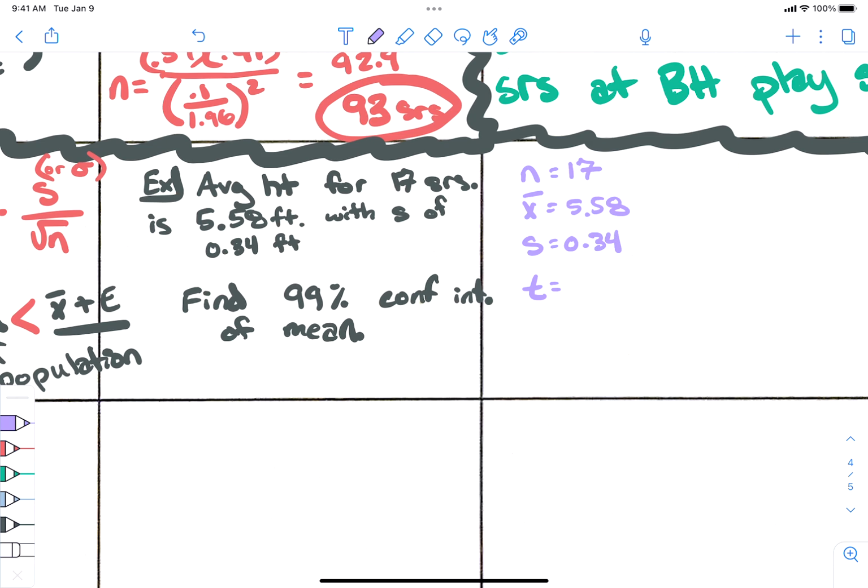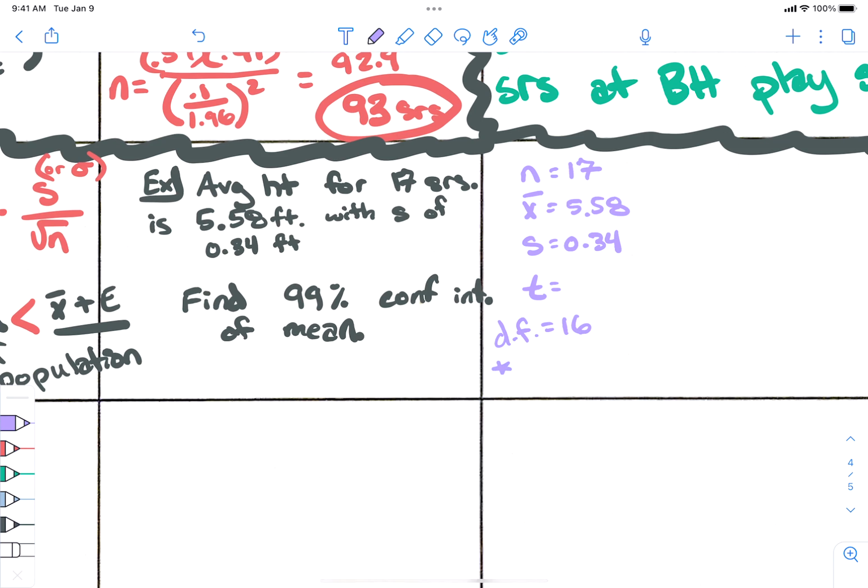Okay, so make sure you're looking up the correct chart. The t chart is the one with the bell curvy things on the one side. Degrees of freedom. What will my degrees of freedom be? 16, right?